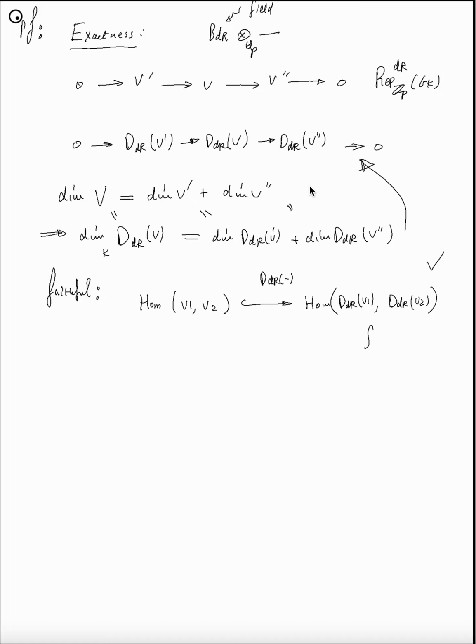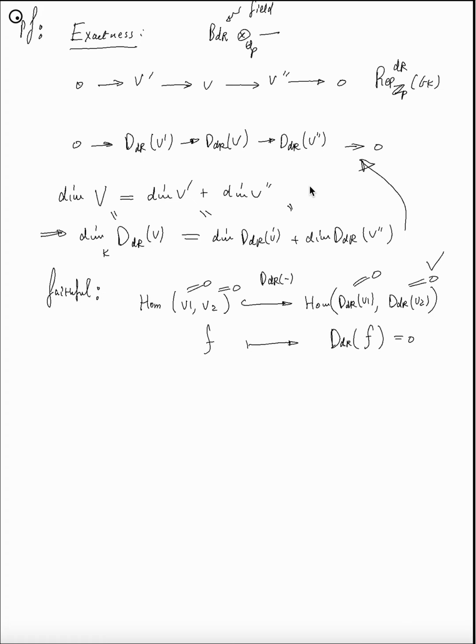If you have a linear transformation here which is 0, then either this is 0 or this is 0. By construction, or by the fact that they have the same dimension, this will tell that this is 0, this is 0, and this will force f to be 0, right?